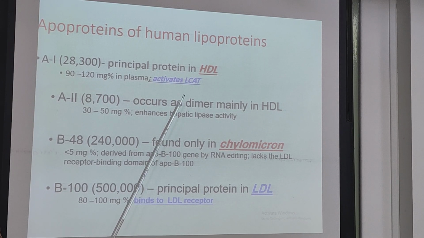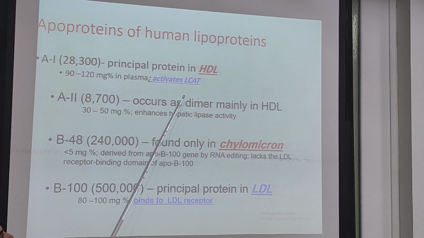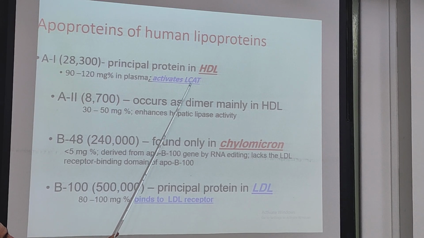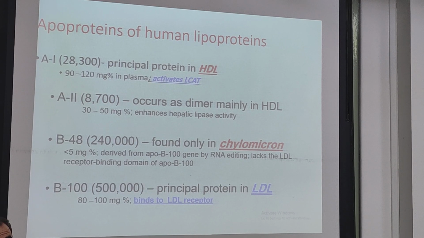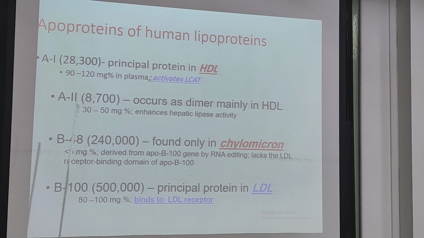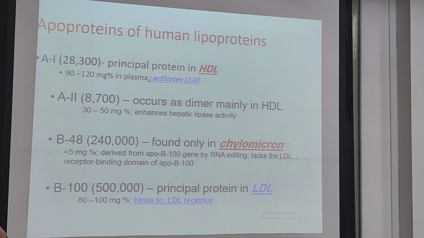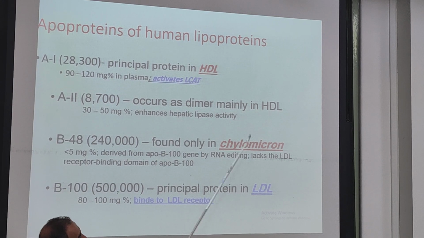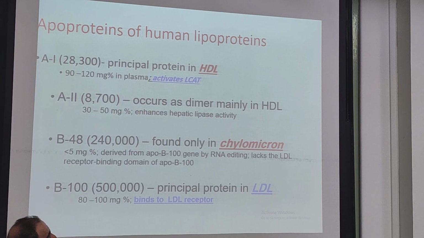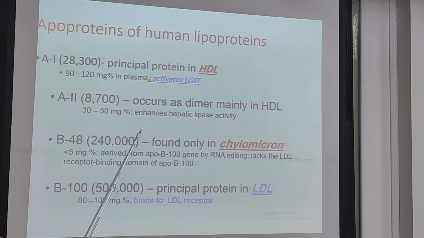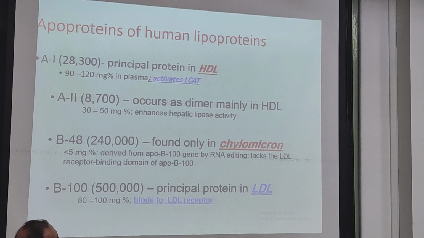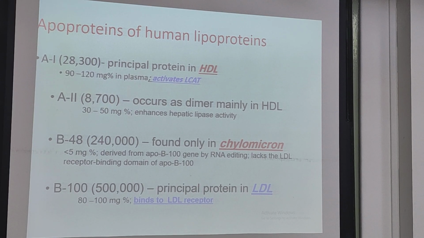Please memorize LCAT, lecithin cholesterol acyltransferase. Then we have ApoA2, which occurs as a dimer, mainly again in HDL, and somehow enhances the hepatic lipase activity. Hepatic lipase activity.